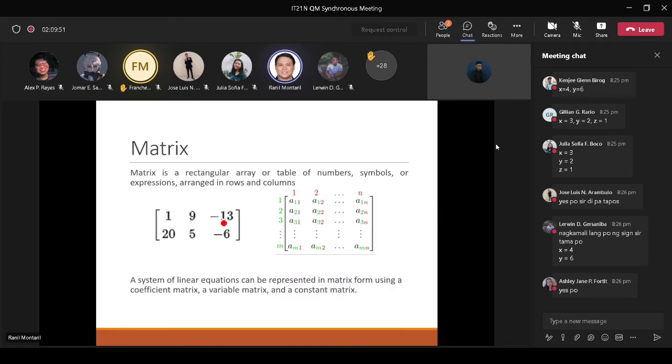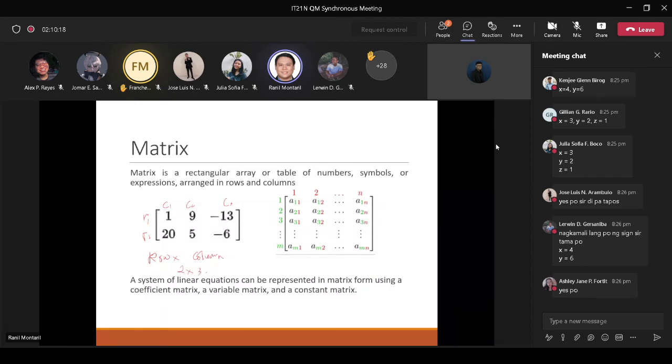And basically, a matrix is composed of rows, so it has row 1, row 2, and columns. Basically, that's what it looks like. So the size of a matrix is represented by rows by columns. As you can see, this is 2 by 3.